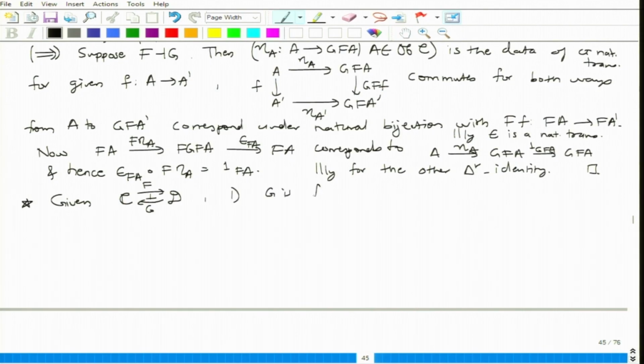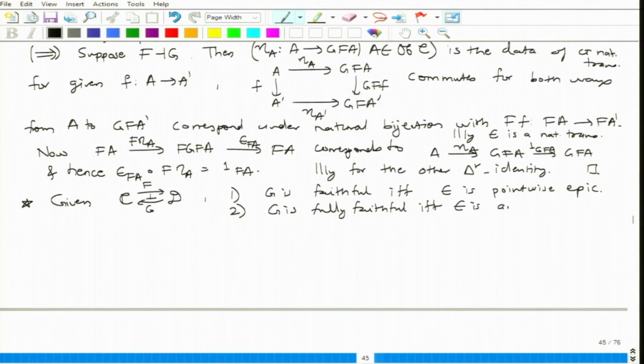So G is faithful if and only if epsilon is pointwise epimorphism. And the second statement is G is fully faithful if and only if epsilon is an isomorphism.